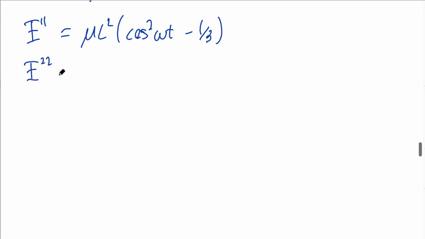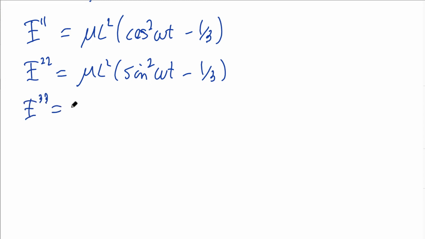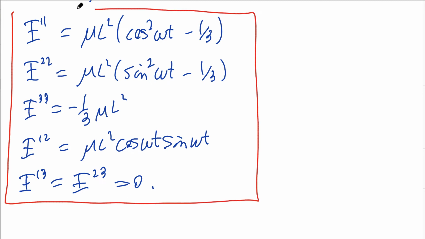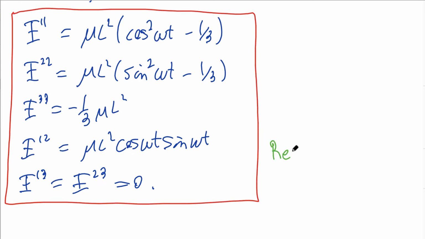I bar 22 is equal to mu L squared times sine squared omega t minus 1/3. I bar 33 equals minus 1/3 mu L squared. I bar 12 equals mu L squared times cosine omega t times sine omega t, and the remaining components vanish, I bar 13 and I bar 23. This is the reduced quadrupole moment.